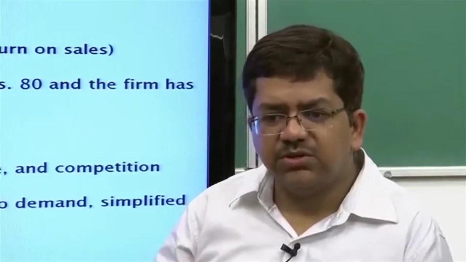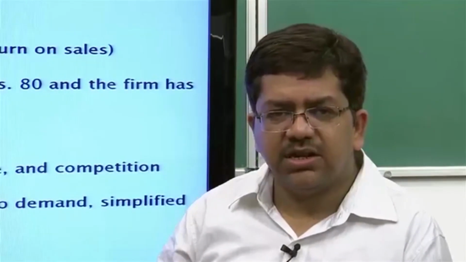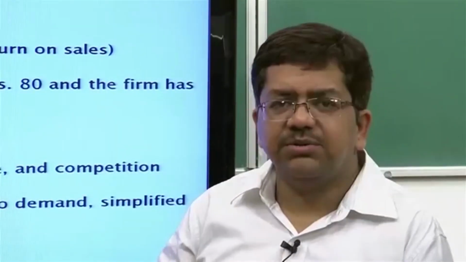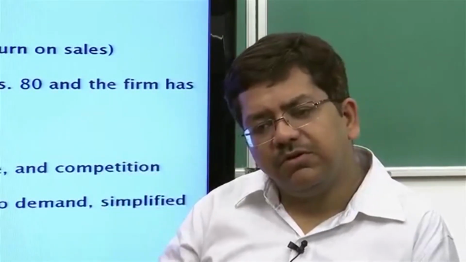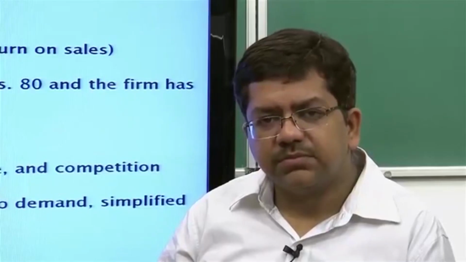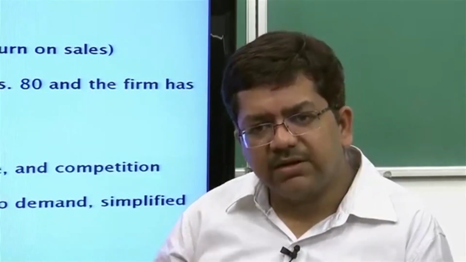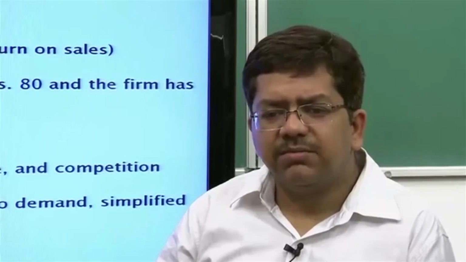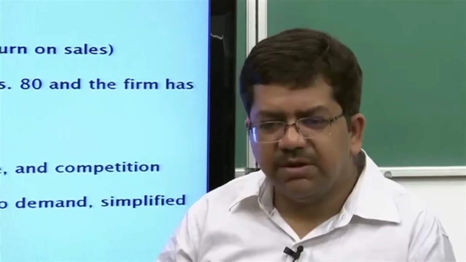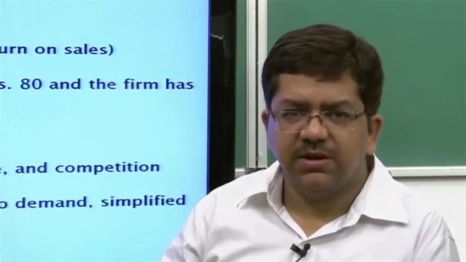You assess what should be the ideal desired return on sales, so that you can achieve the amount of profit or revenues that you are targeting, as well as you assess what kind of market response there will be, and then based on those things you come out with the markup price, which is unit cost divided by 1 minus desired return on sales.